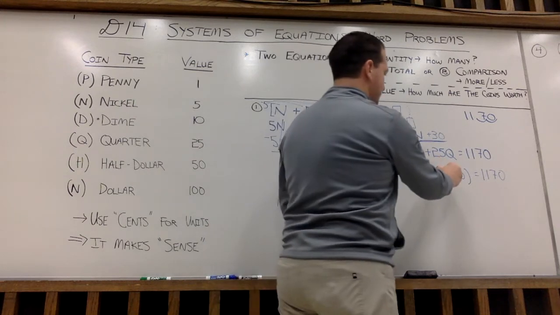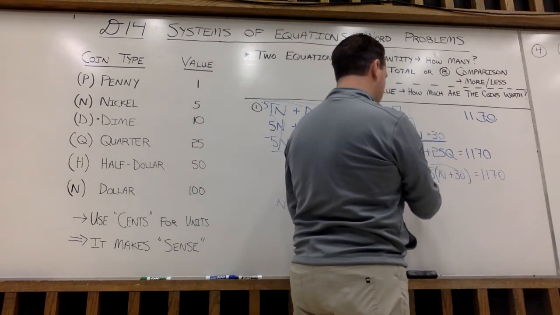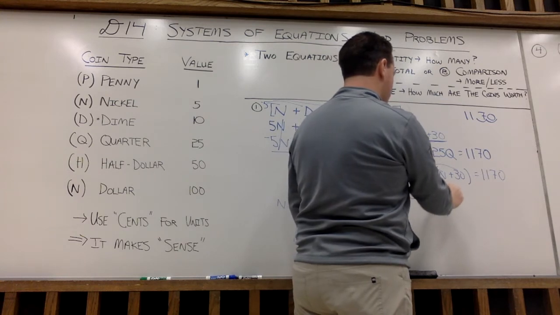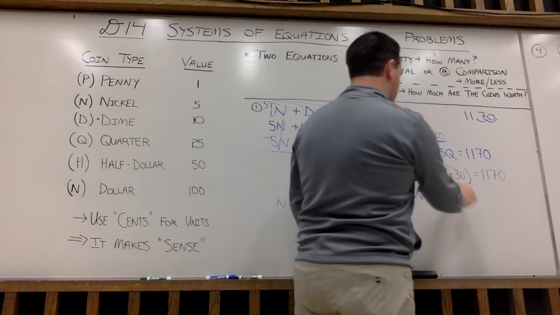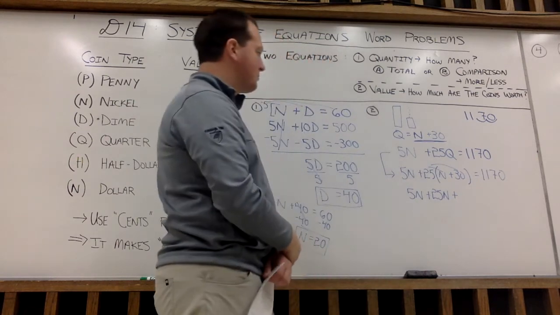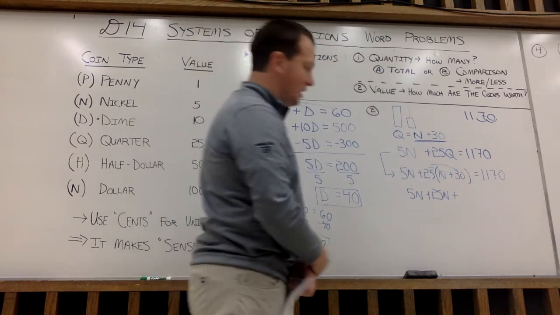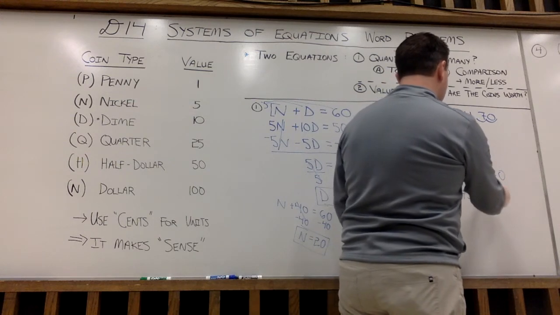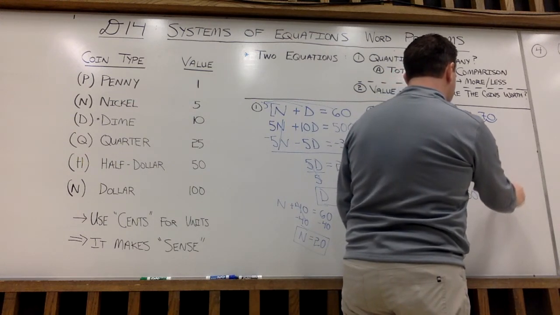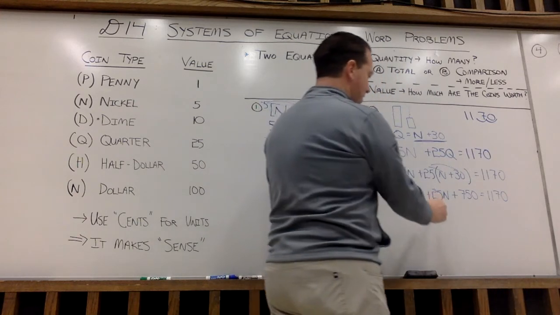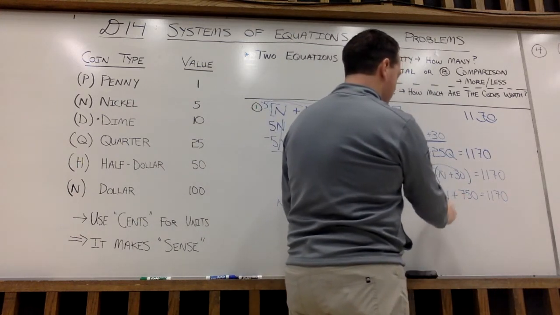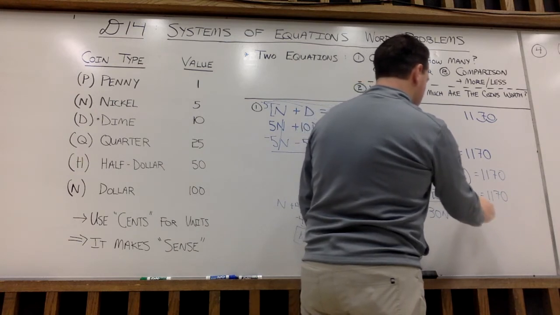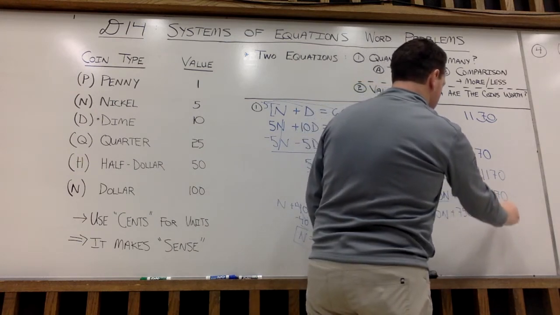I'll distribute 5n plus 25n plus 25 times 30, I believe, is 750, will equal 1170. 5n and 25n, like terms, 30n plus 750 will equal 1170.